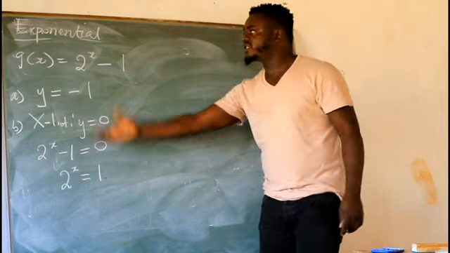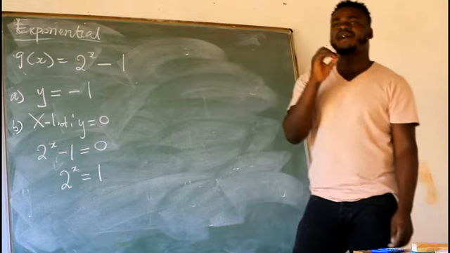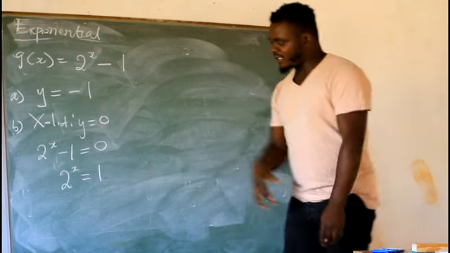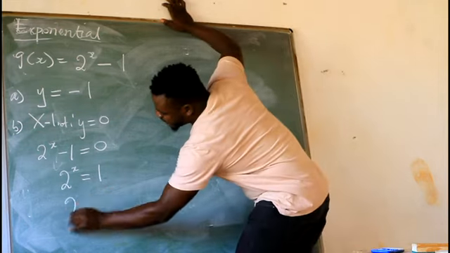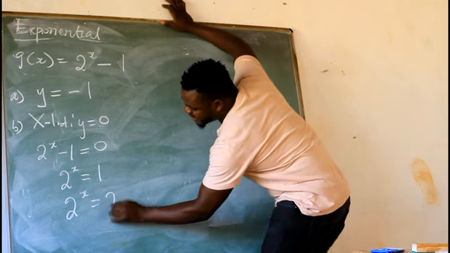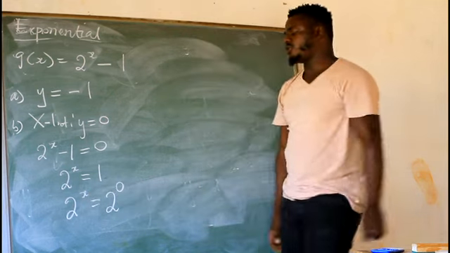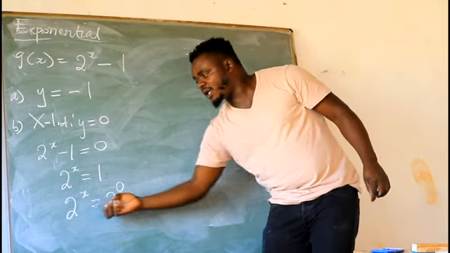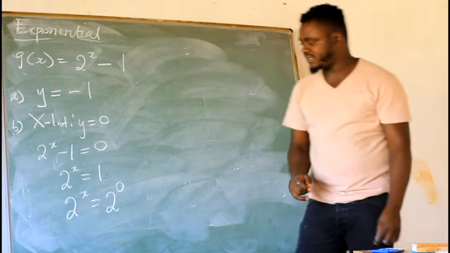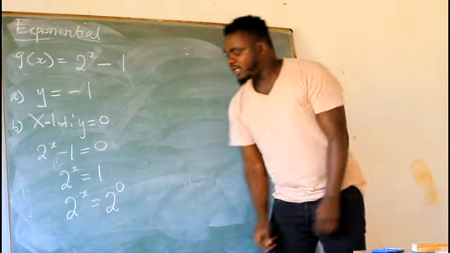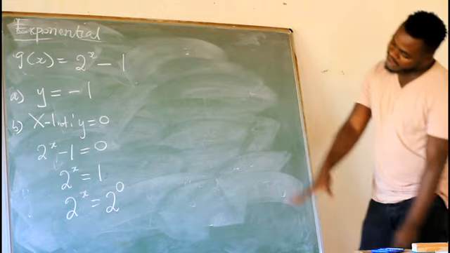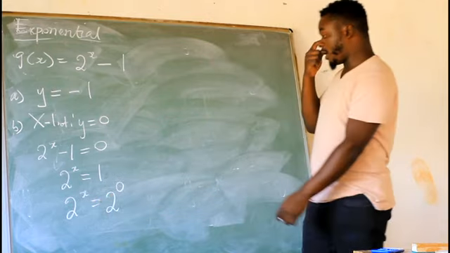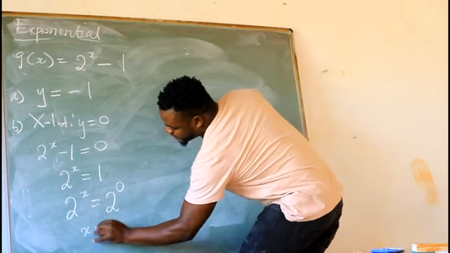In this case, as I told you, this is an exponential graph, so you must always remember the exponent laws. Now we're going to use law number 7, which says that any number to the exponent 0 is 1. We are just changing this 1 to the base of 2 so that we have the same bases. The laws of exponents say that if the bases are the same, when we have an equal sign, we equate the exponents. Therefore, x equals 0.